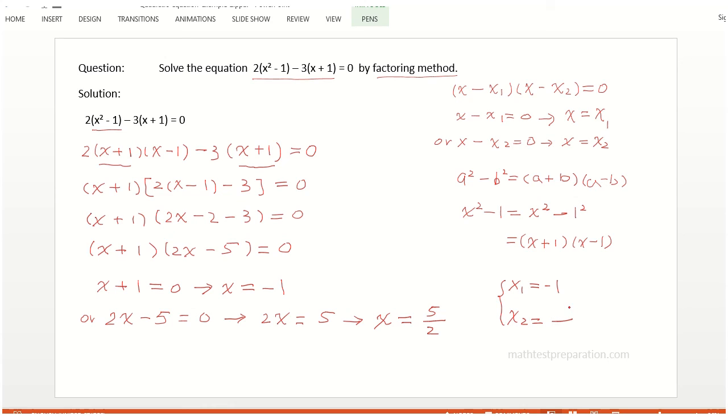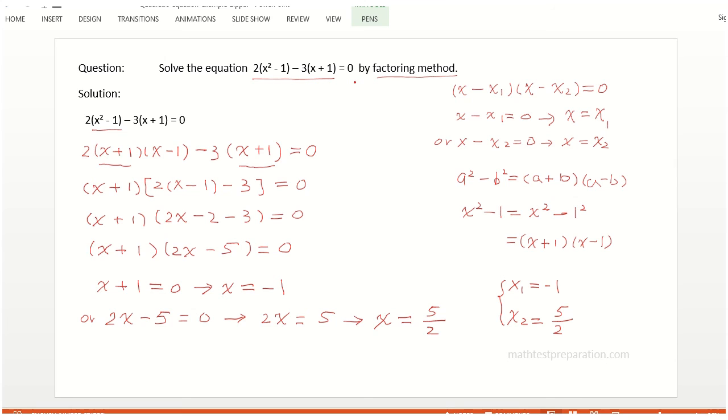Now, we need to substitute x1 = −1 into the original equation to see if the left side equals the right side of the equation, and substitute x2 = 5/2 into the original equation, see if the left side equals the right side.